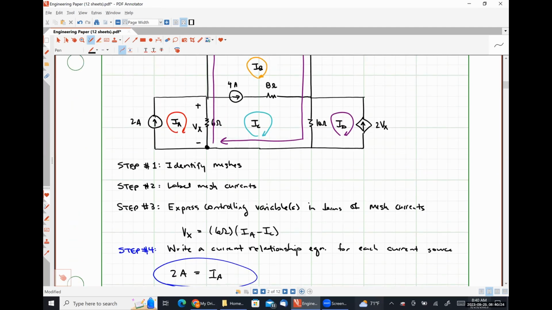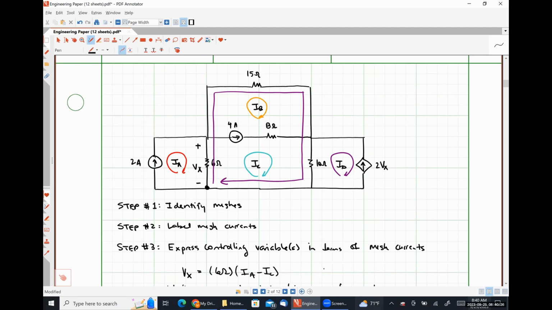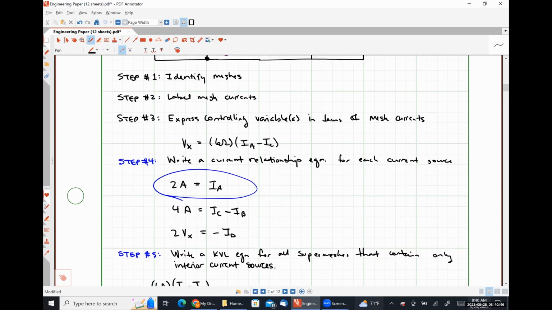All right. What should my next term be? Exactly right. IB times 15 ohms. So we're avoiding that current source.